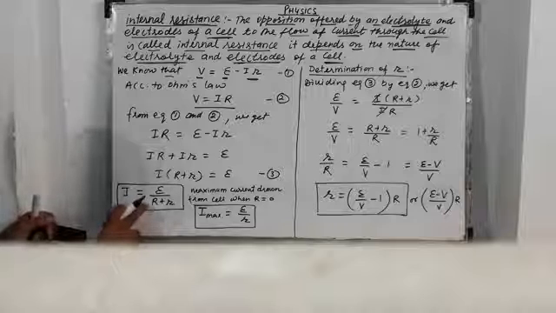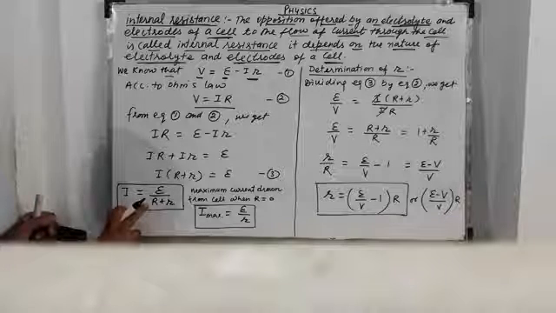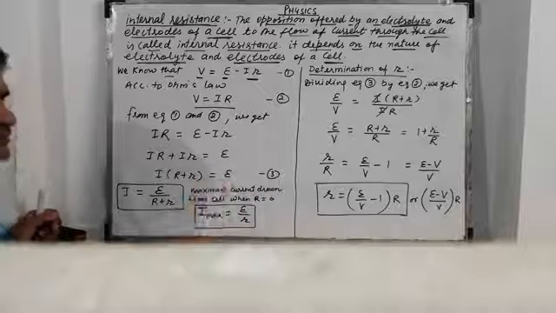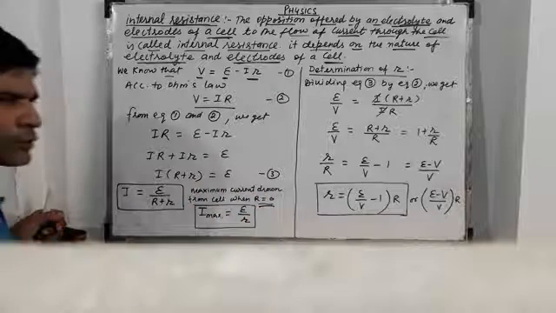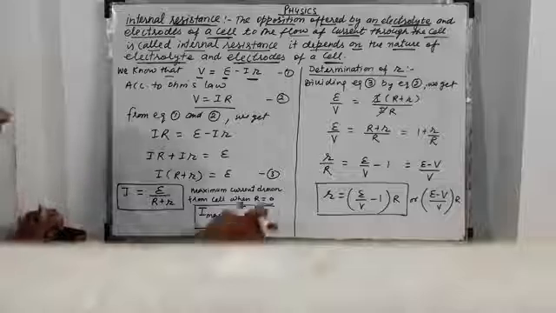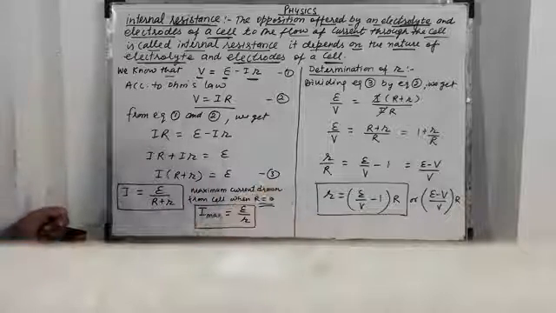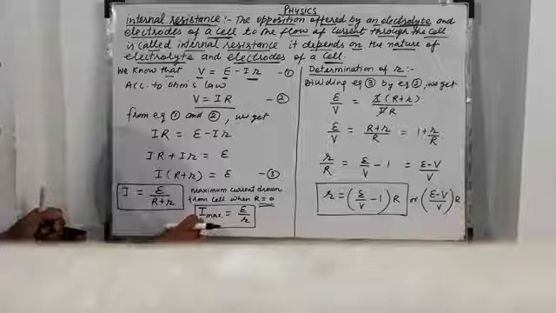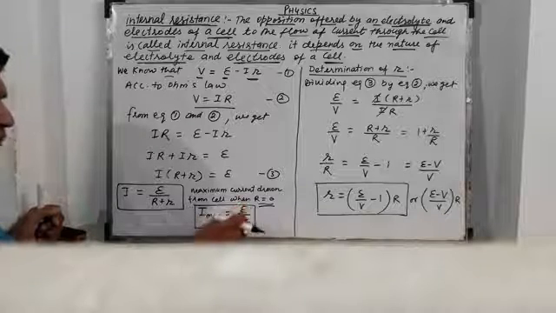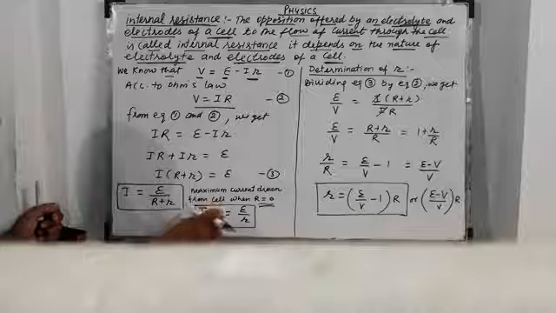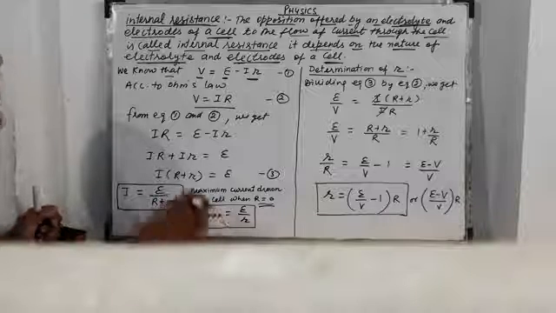Maximum current is drawn from the cell when R is equal to 0, which means external resistance is 0. Then I maximum is equal to E upon r. This is the maximum value of current drawn from the cell.